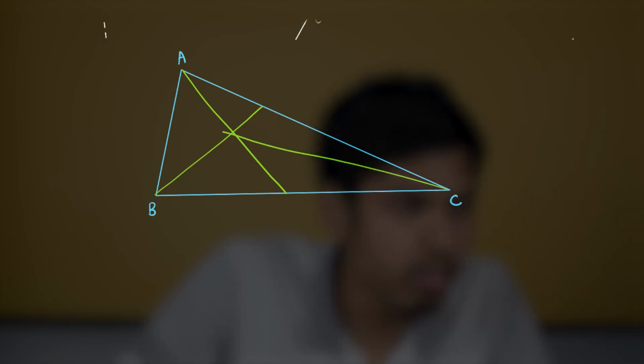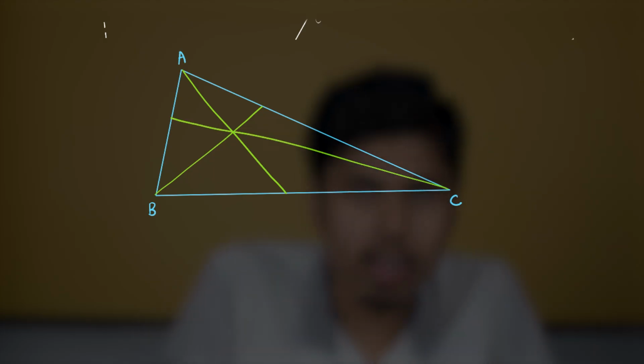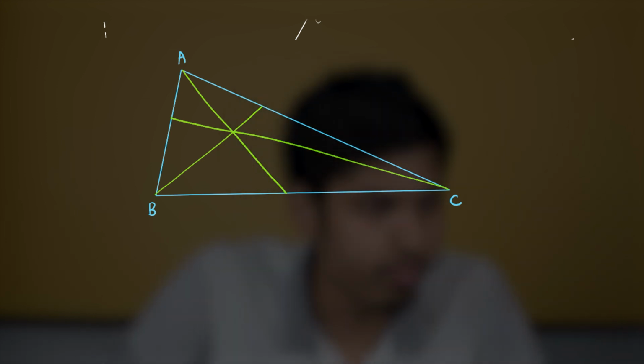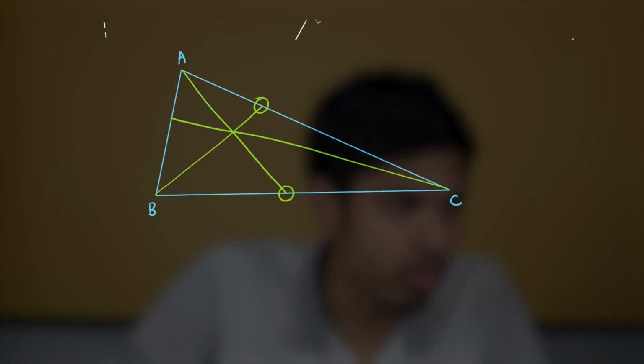Supposing these three cevians constructed from the three vertices concur at a point, then it summons a theorem called Ceva's theorem, which governs the location of these three points, say D, E and F.